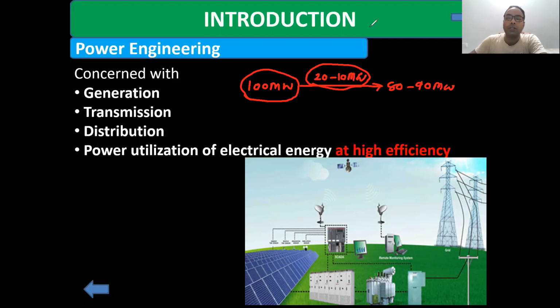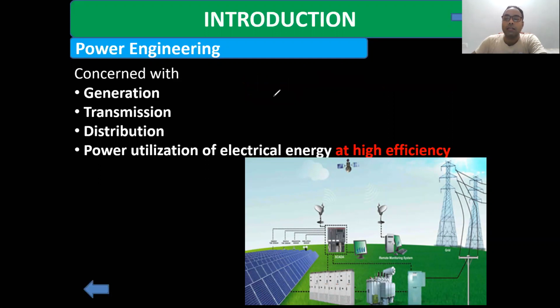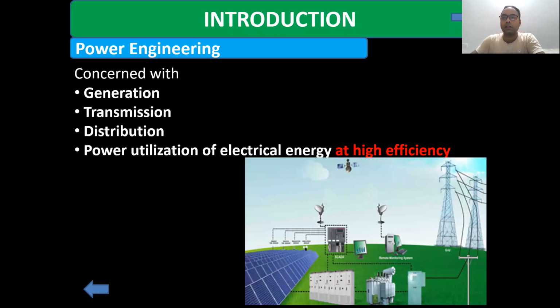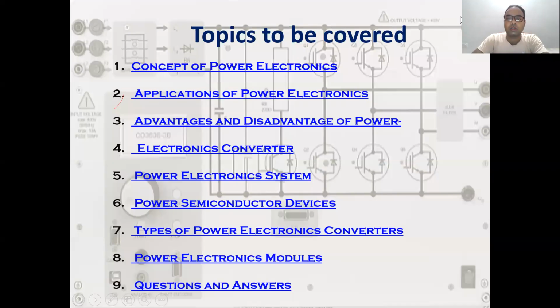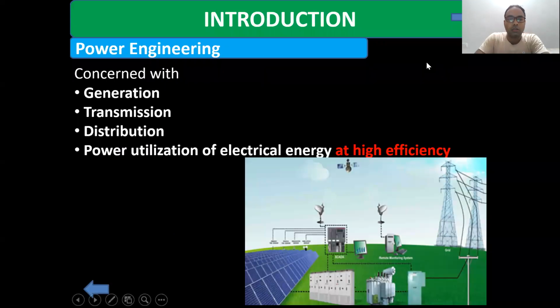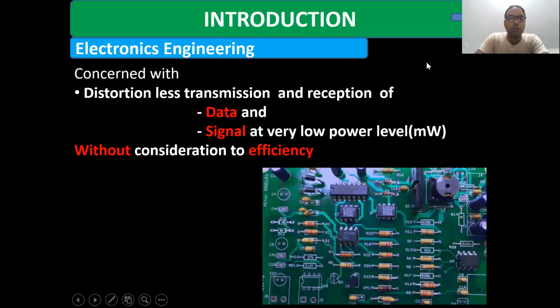So here we have to generate the power at a high efficiency. And the electronics component involves distortion-less transmission and reception, right?